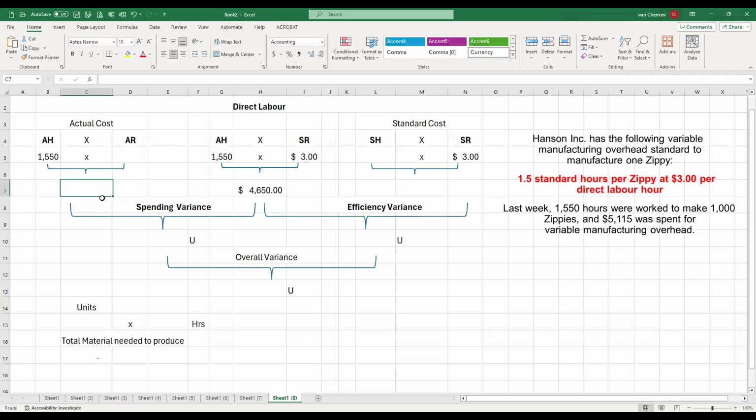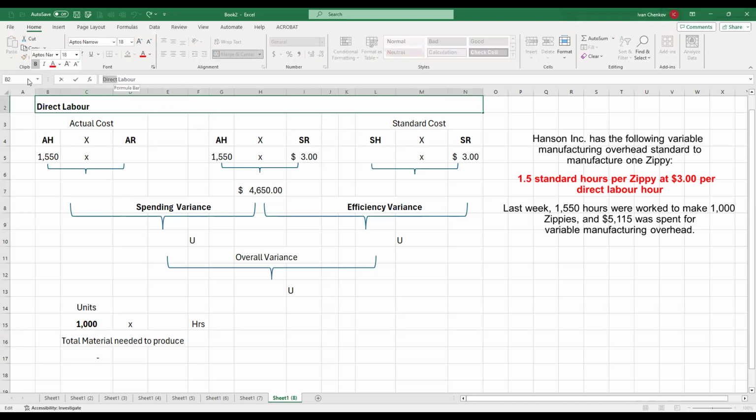When the workers worked 1,550 hours, they produced 1,000 units, and our variable overhead spending was $5,115. So our total cost, total variable, that's not direct labor.